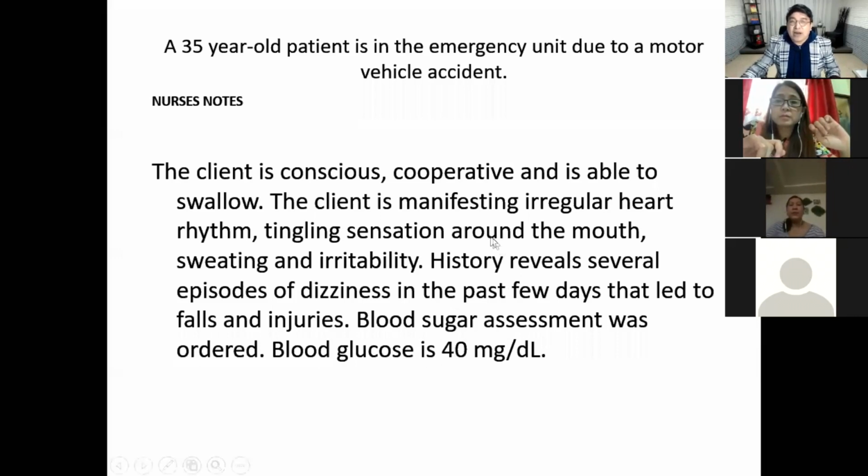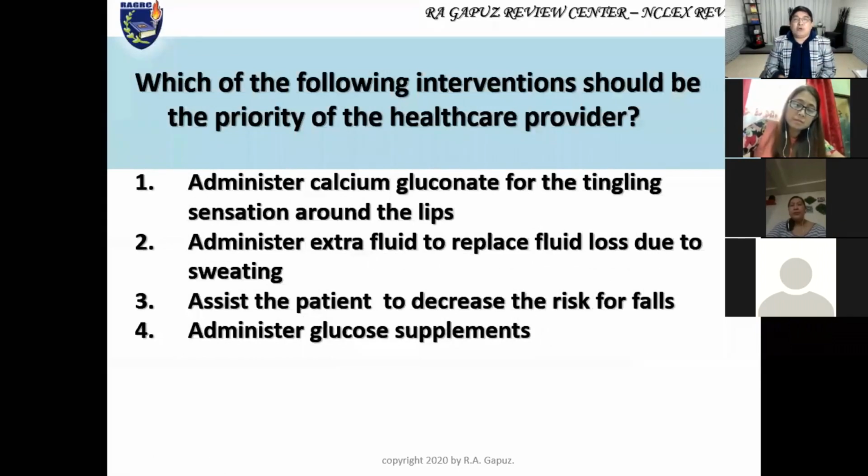So this qualifies as a case of hypoglycemia because the normal blood sugar level should be a range of 70 to 110. Okay, so now that you have an idea what the patient's condition is all about, then you are given a question.